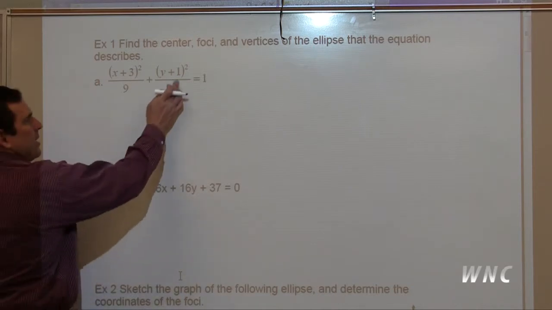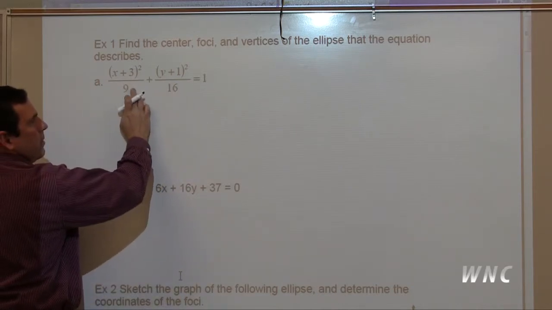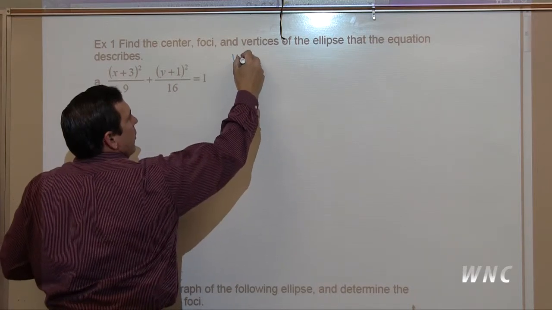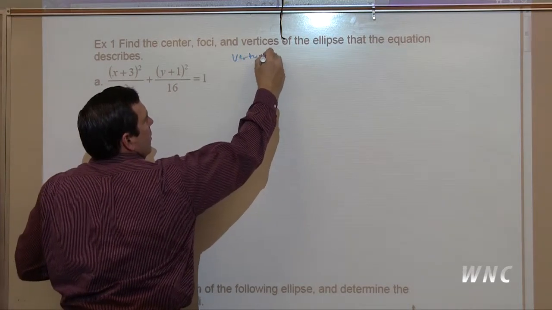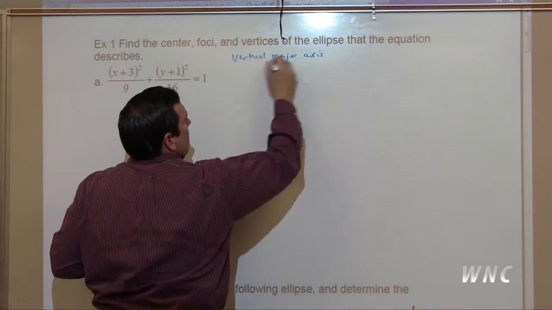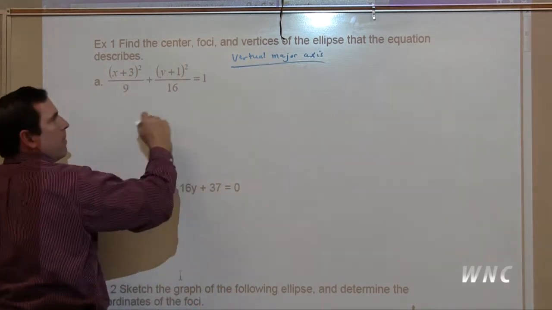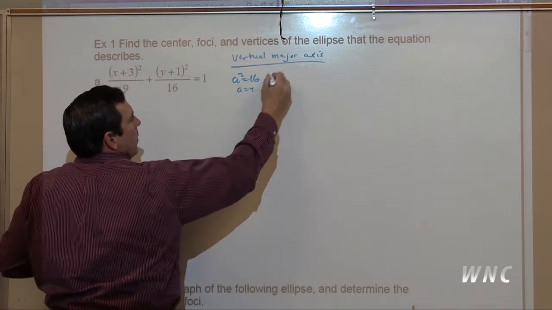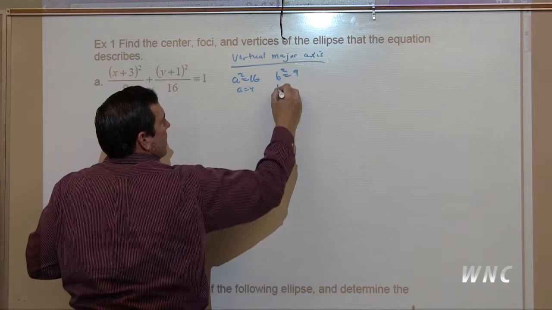Now, given that 16 is bigger than 9, this must have a vertical major axis. Our a squared is 16, so a is 4. B squared is 9, so b is 3.